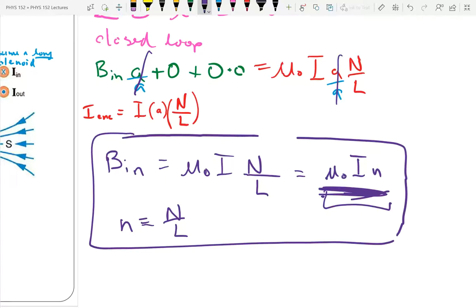How did the radius of the turns come into this? It's not there. So it doesn't matter if you have big loops or small loops, it matters how many loops you have per centimeter. The more loops per centimeter, the stronger the magnetic field is going to be created.